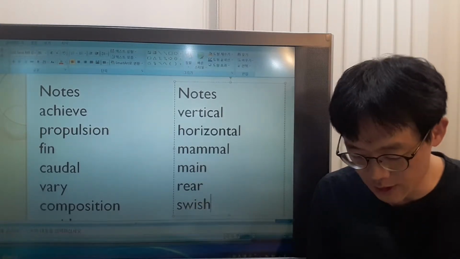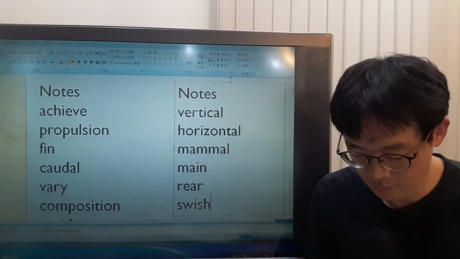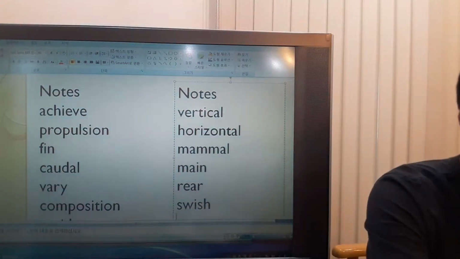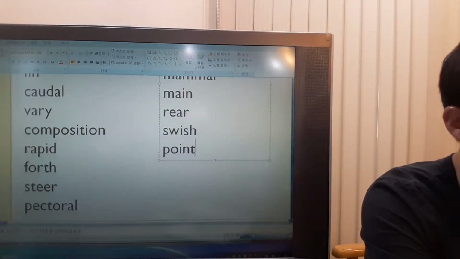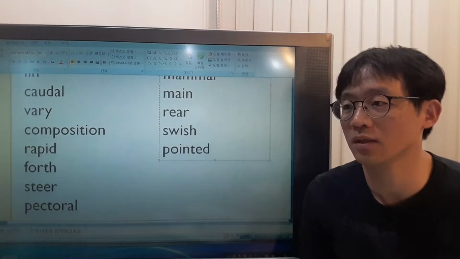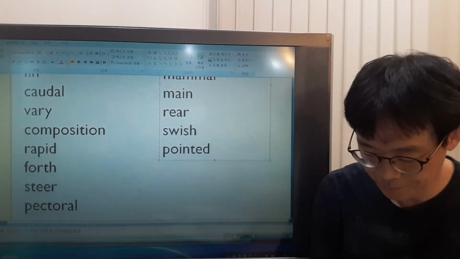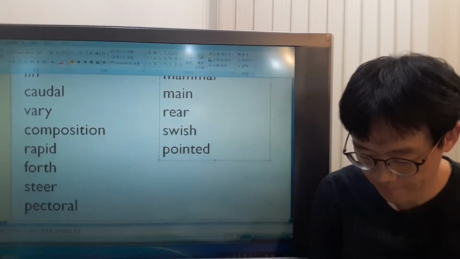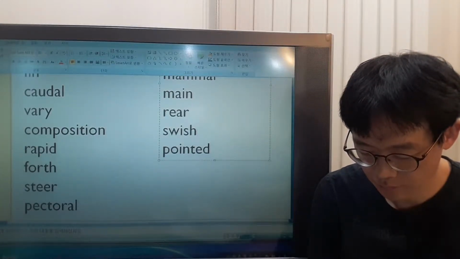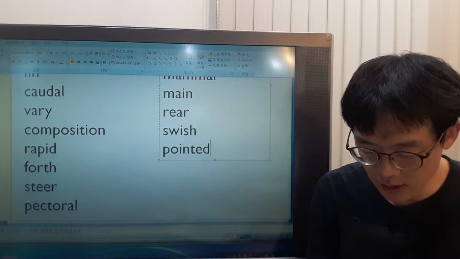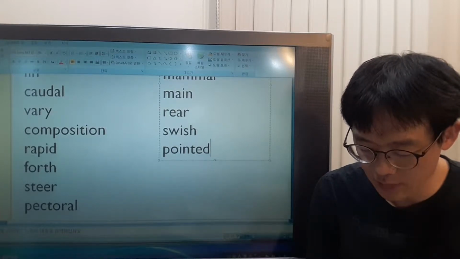Next is the pointed caudal fin here. What does pointed mean? Pointed means the end of it is long and thin, okay? As you can see, it's slightly wider than the pointed tail.